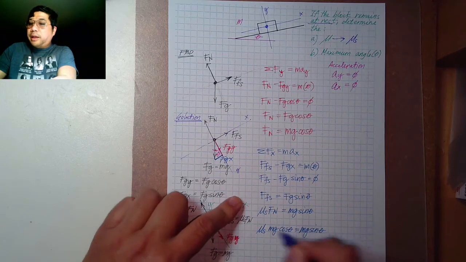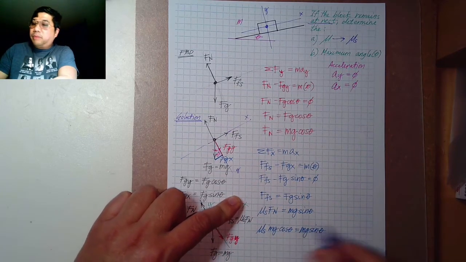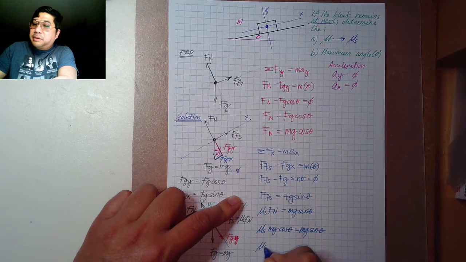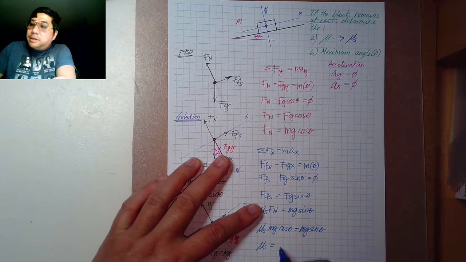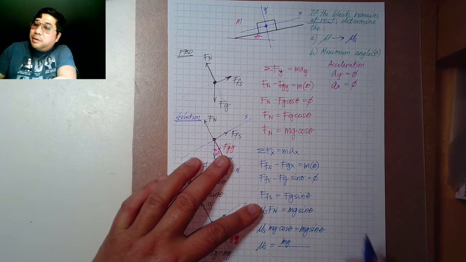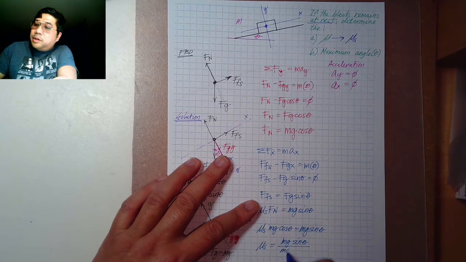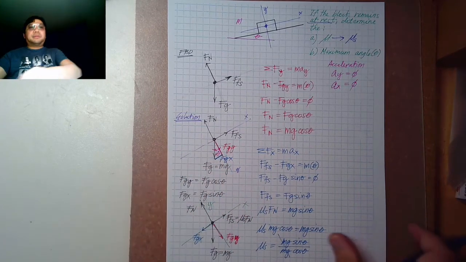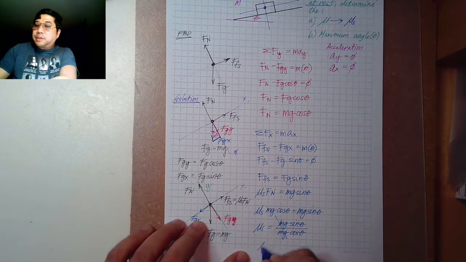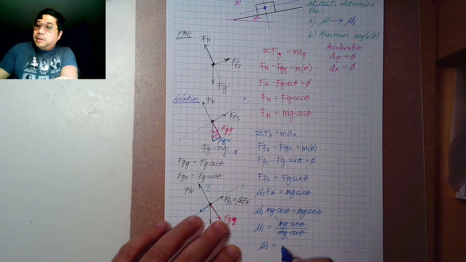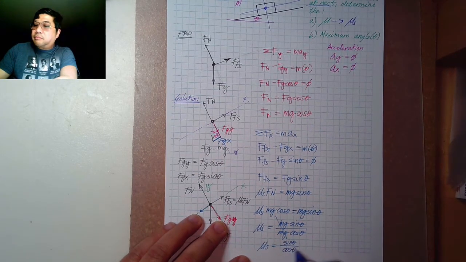Now we can cancel mg, or divide both sides of the equation by mg cosine theta. So you will have mg sine theta over mg cosine theta. So mg will cancel, mass times g. So now we have our coefficient of friction equivalent to sine theta over cosine theta.